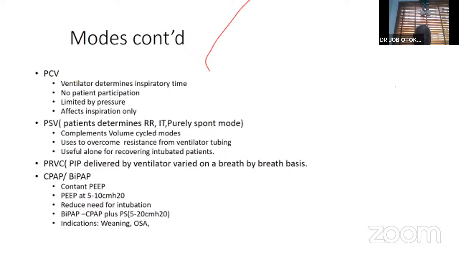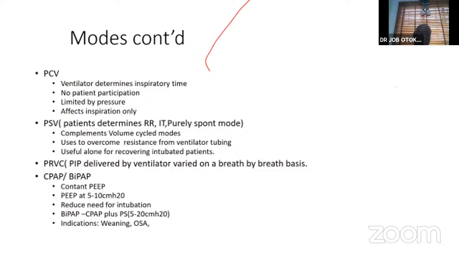And then we have the pressure regulated ventilation, the PRVC, pressure regulated volume control. What it means is this: for every effort the patient makes, the machine senses the volume that the patient makes and uses it to determine the pressure that it adds to the next volume.